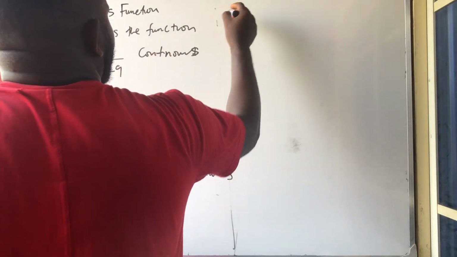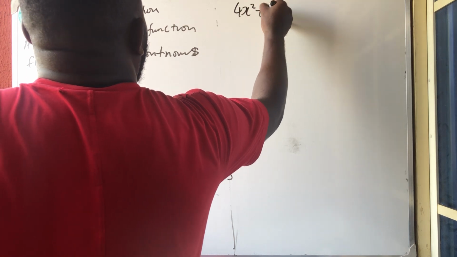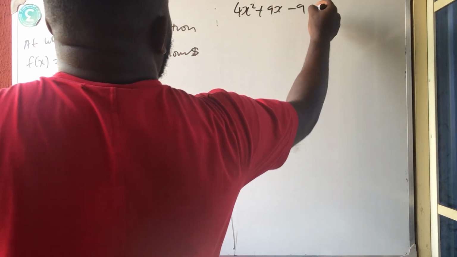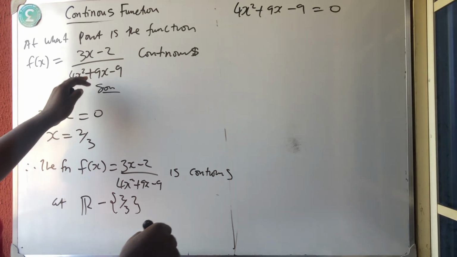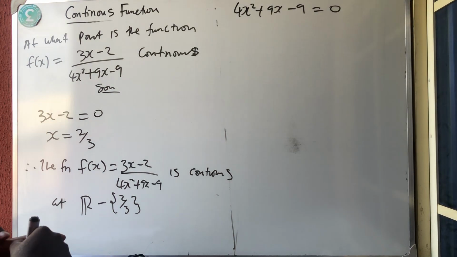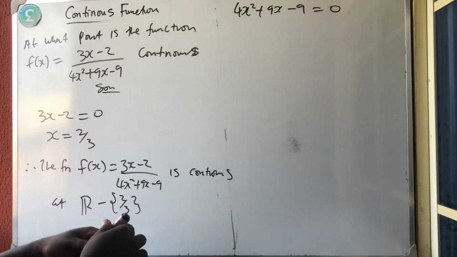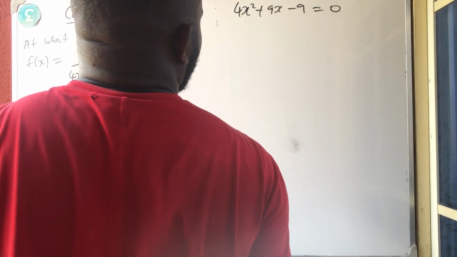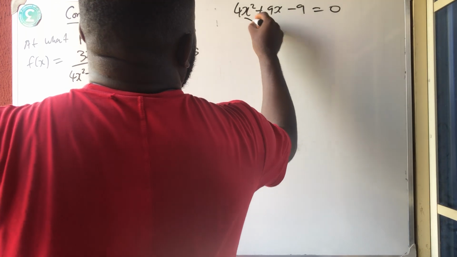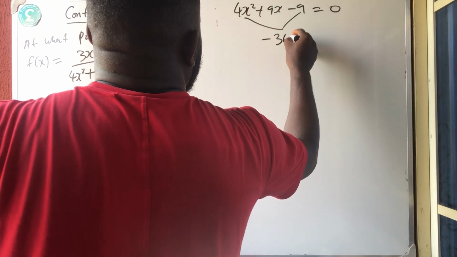So this thing is undefined when 4x² + 9x − 9 is equal to 0. If the denominator is 0, we say that it is undefined. So let us find the point where it is undefined, which means we are finding our x. This time this is giving me −36x².